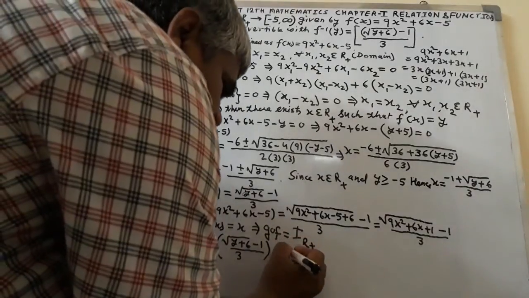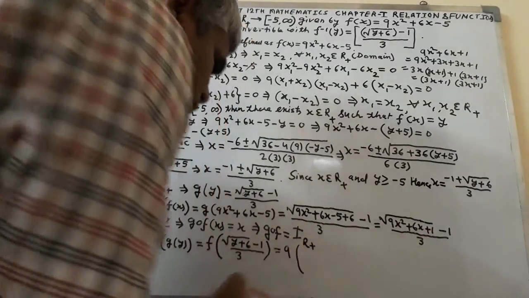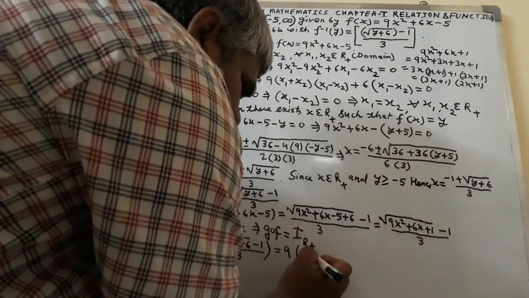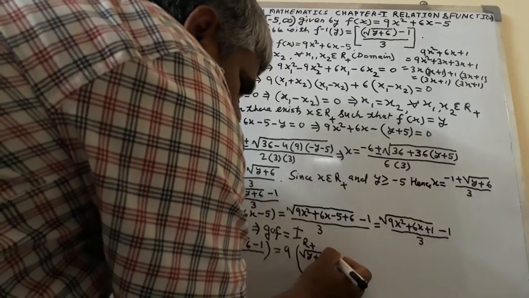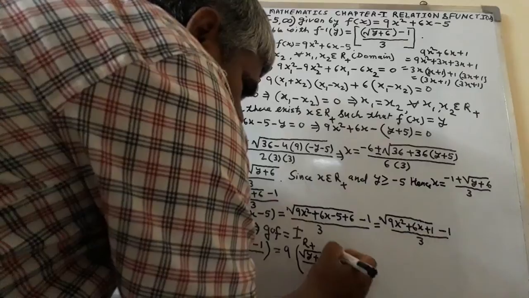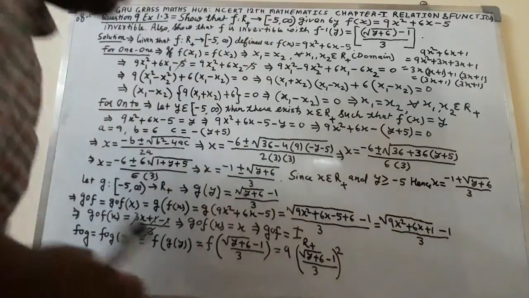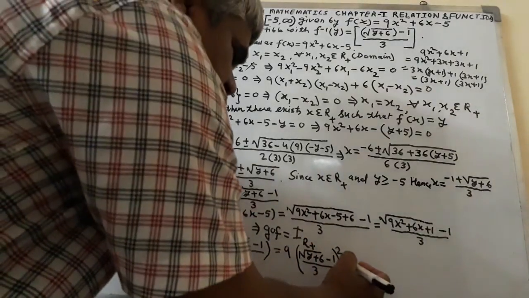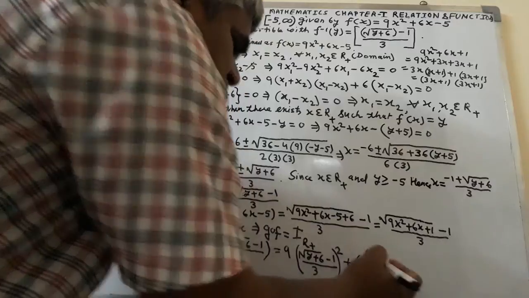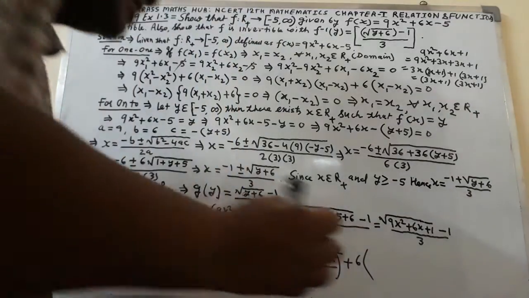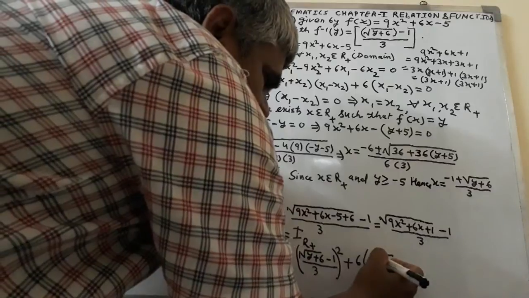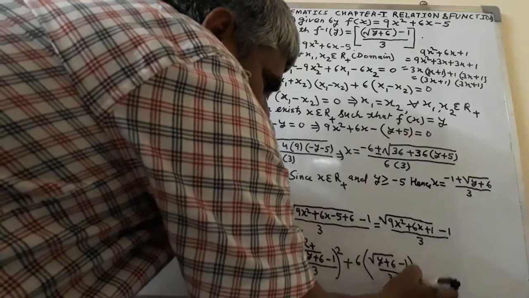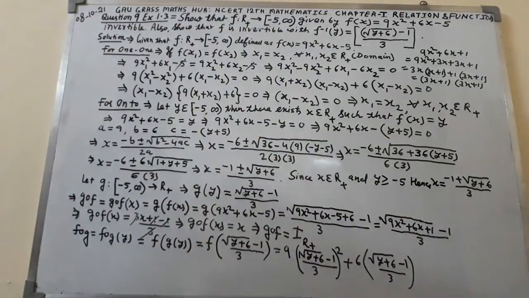So here write 9, open here, under root y plus 6 minus 1, whole over 3, whole square, plus 6, in place of x I shall write under root y plus 6 minus 1 over 3, minus 5. 6x minus 5 I shall write.